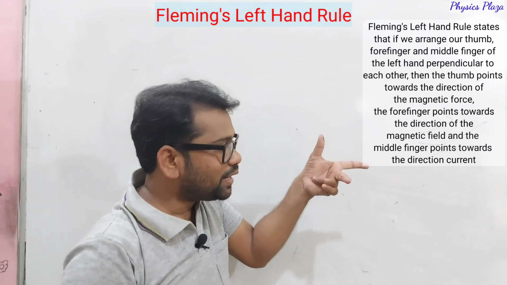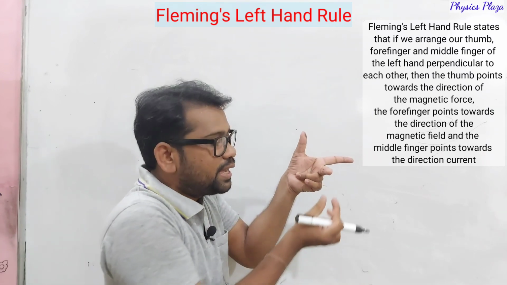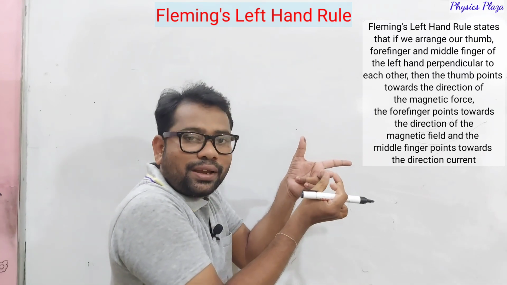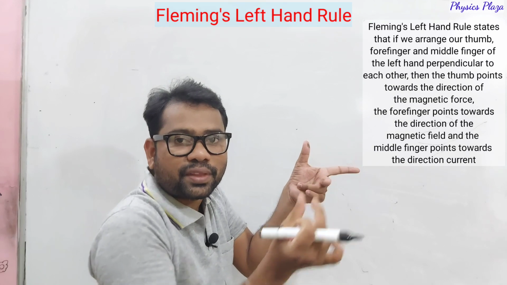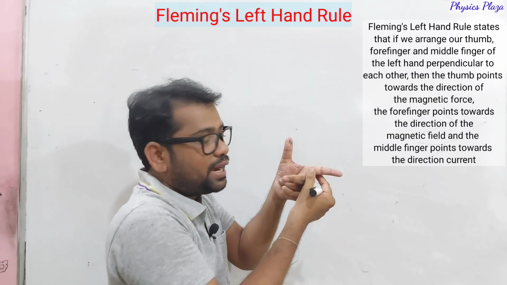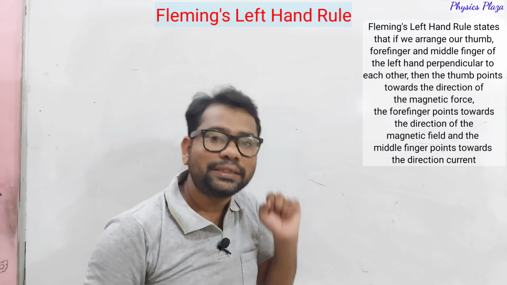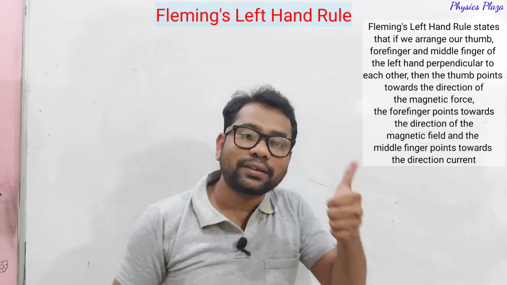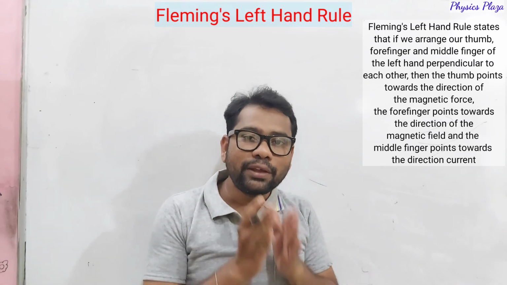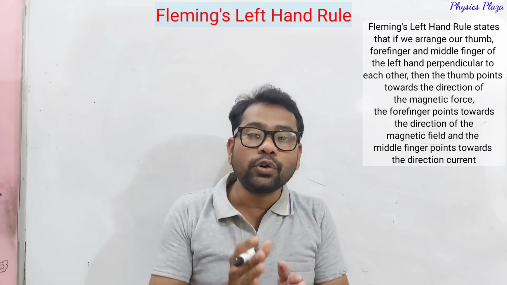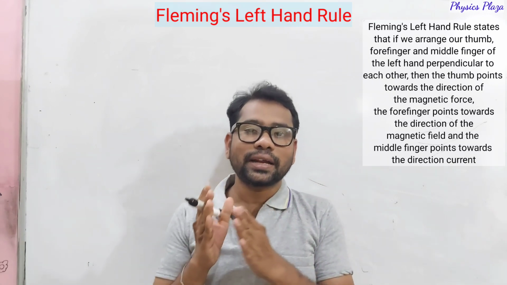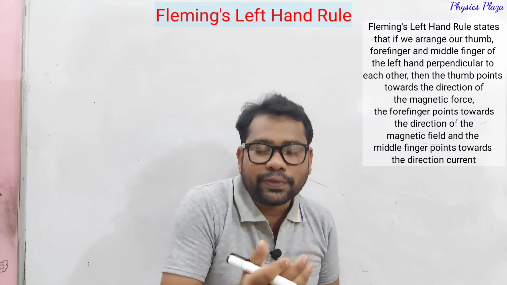Now after arranging it like this, children, if the central finger shows the direction of current and the forefinger shows the direction of magnetic field, then the thumb will give the direction of force acting on a current carrying conductor when it is placed in a magnetic field.